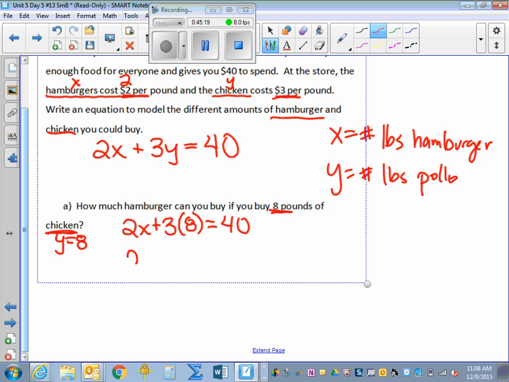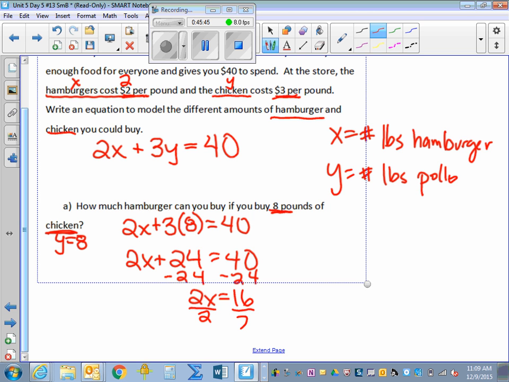Okay, so let's solve. 3 times 8, and we subtract our 24 over, and what do we get? What's 40 minus 24? 16. Good job.